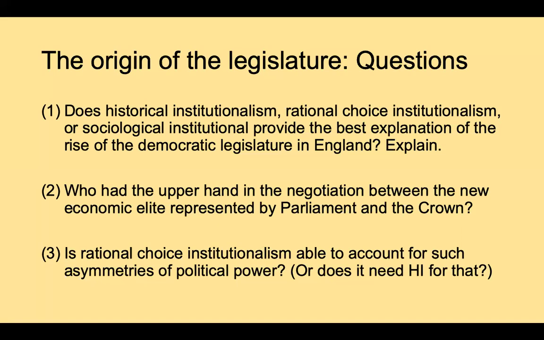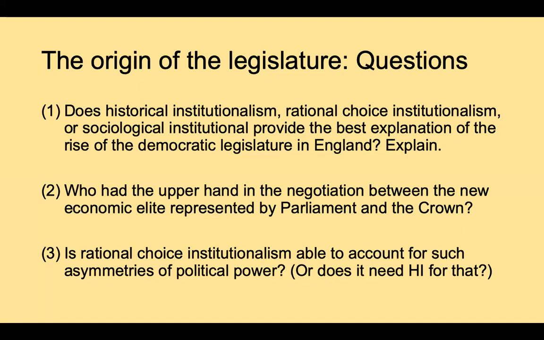But there's also obviously a role for the Crown, in the sense that the Crown does have the capacity to empower the Parliament and agree to a new institutional arrangement in which the Parliament has essentially equal or greater authority. Do you see how there's both a role for rational choice institutionalism as well as historical institutionalism in kind of explaining this picture, this story?